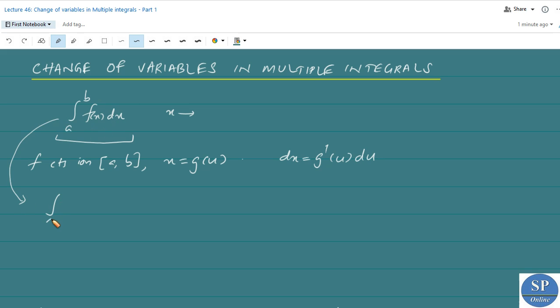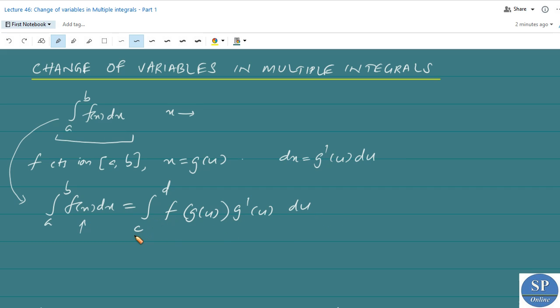Integral a to b f of x dx can be expressed as integral from c to d f of g of u into g dash of u du. That means we changed the variable x into the variable u.